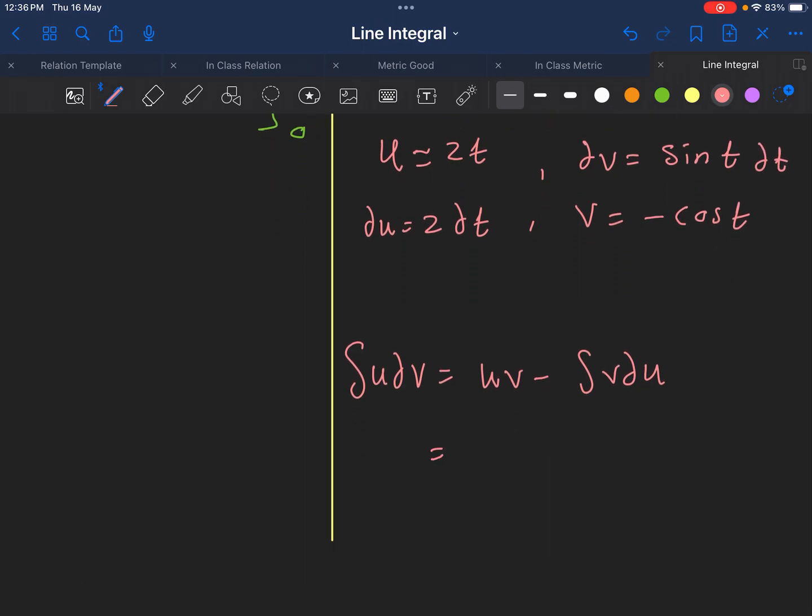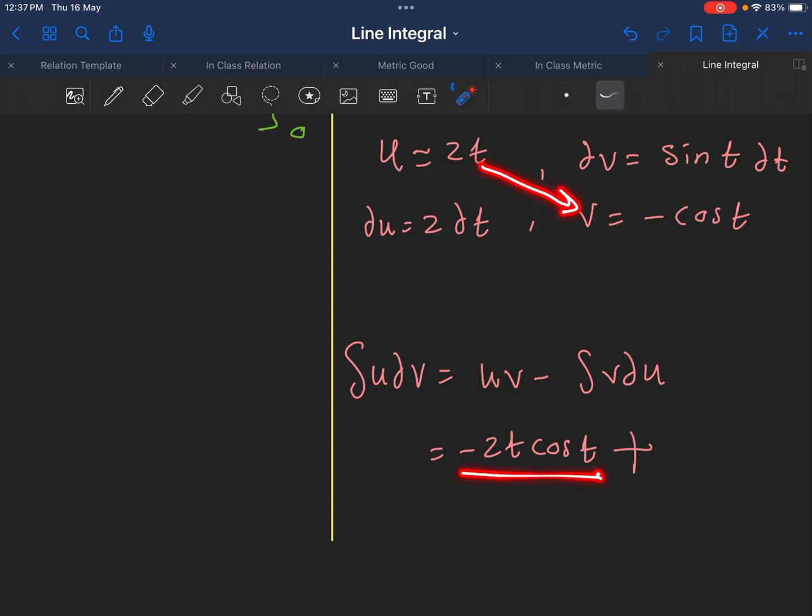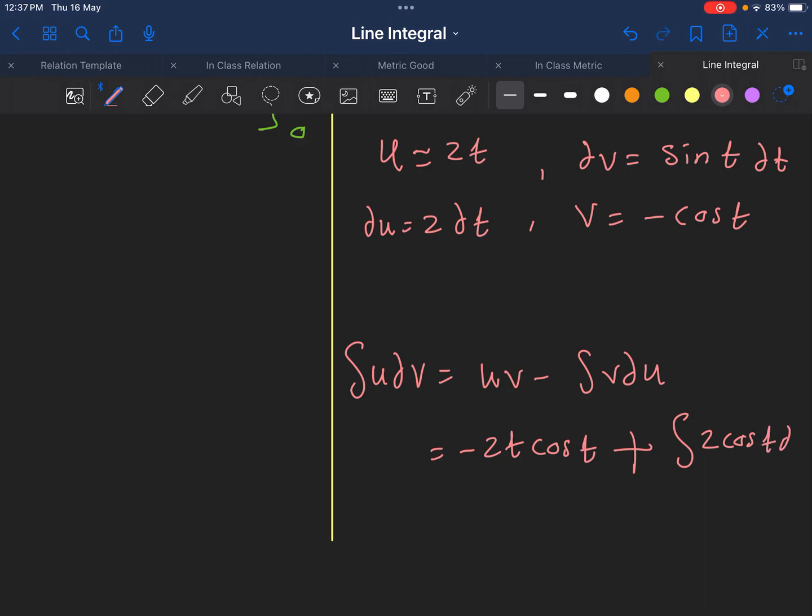So my final integral will be minus 2t cosine t plus, and why is there a plus? Because I will do v du. I will multiply this by this, I got it here, and then minus v du, but there is a minus and a minus, so it will become a plus, the integral of 2 cosine t dt.